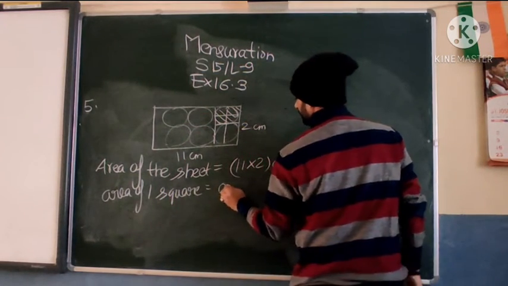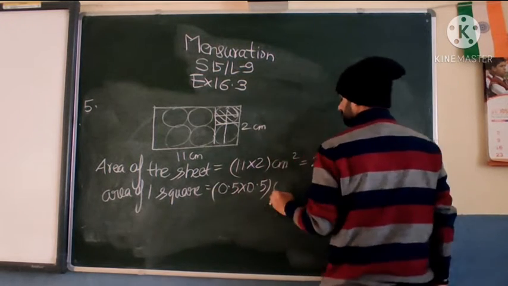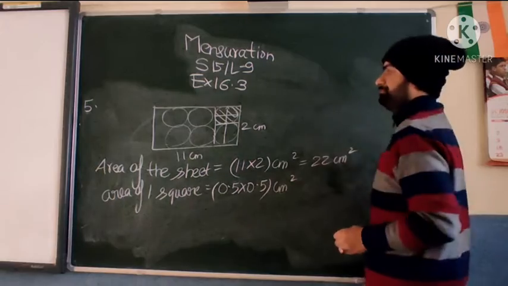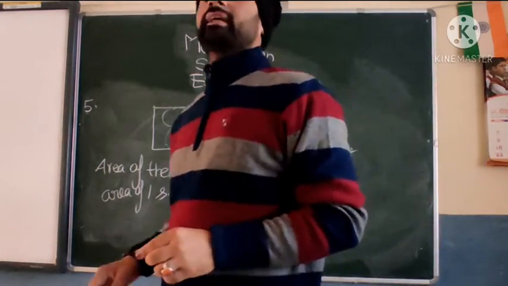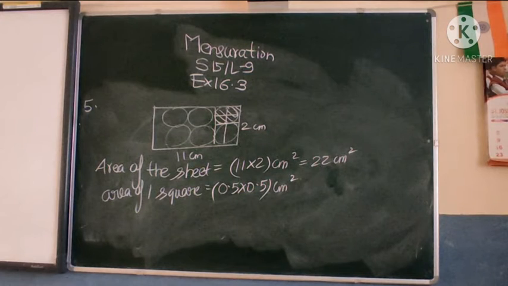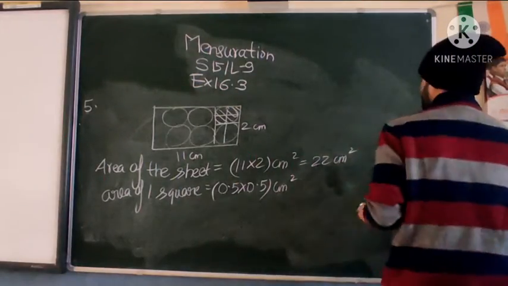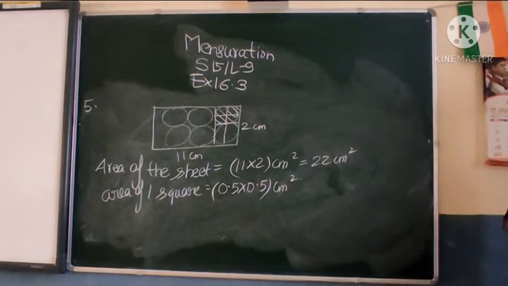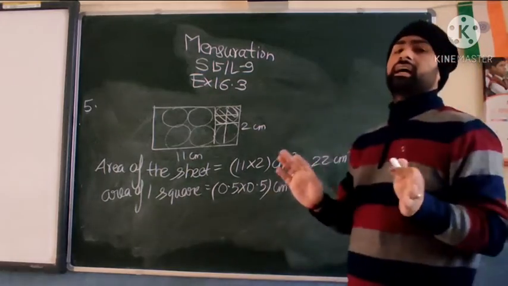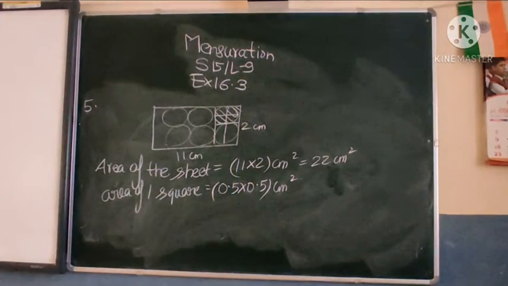So it will be 0.5 into 0.5 centimeter square. I admit that there will be some waste paper remaining after getting the area. But here, since the question is not asking what the remaining or wastage paper is, they have only asked about the number of discs. So stick to the number of discs only.